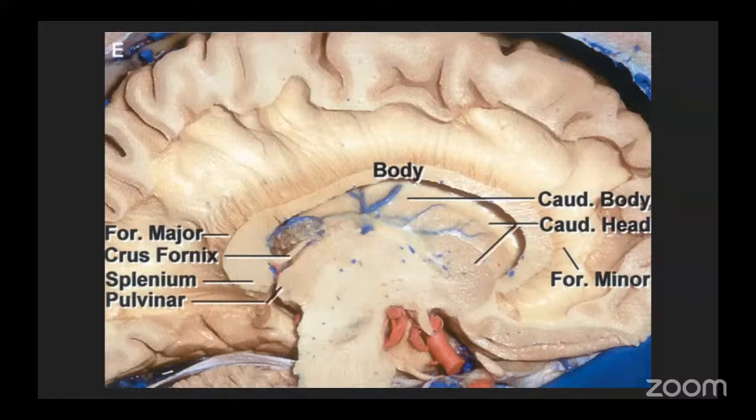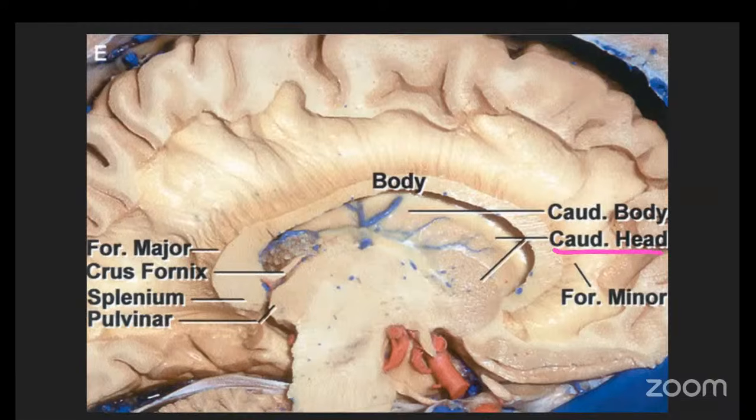This is again a sagittal section, and you can now see the frontal horn, which is visible. Apart from the frontal horn, you can also see the indentation of the head of the caudate nucleus here and the body of the caudate. This portion here is the thalamus, even though it's not labeled here.